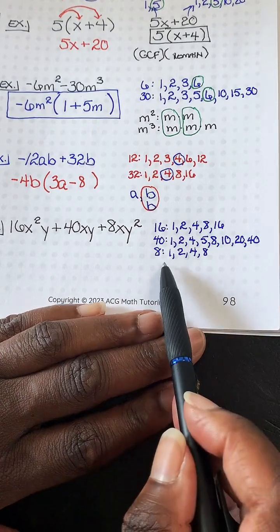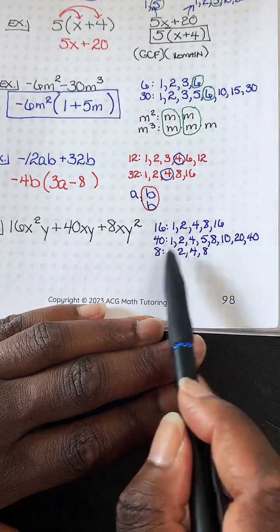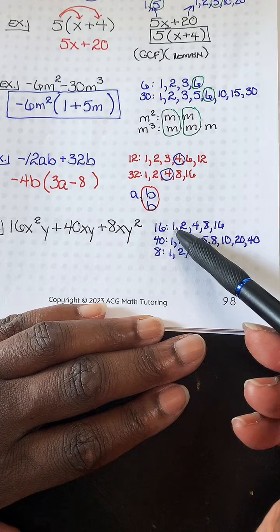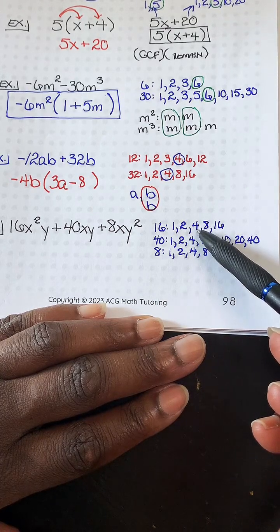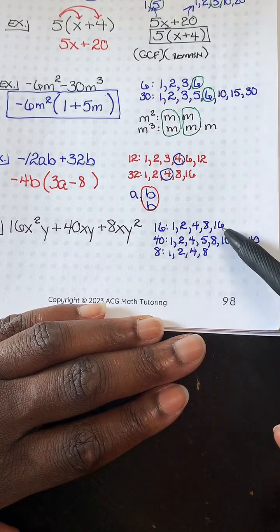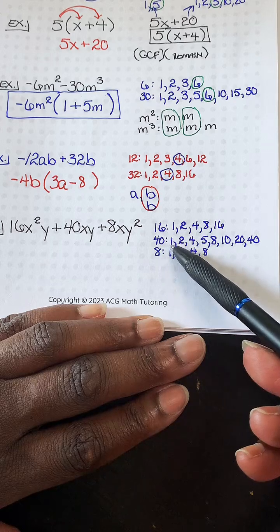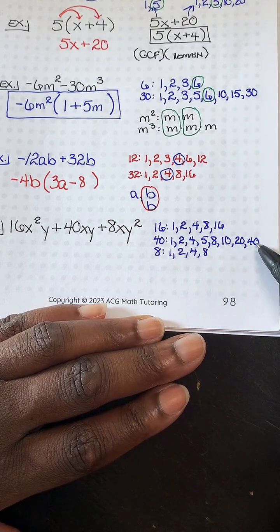So I'm looking to see where these numbers are located in other multiplication tables. Like 16 is in the 1s times table. You can find 16 in the 2 times table, the 4 times table, the 8 times table, the 16 times table. You can find 40 in the 1s, the 2s, the 4s, the 5s, the 8s, the 10s, the 20s, the 40s.